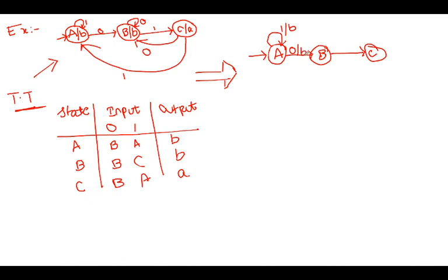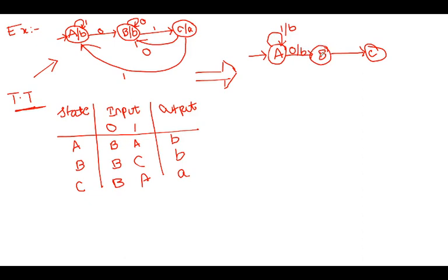The output symbol must be that of the destination state. If A takes the input 0, it starts its journey from A to B. So A is the source and B is the destination, so we write the destination state's output along with the input symbol.